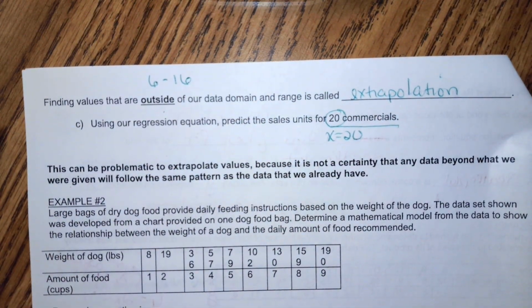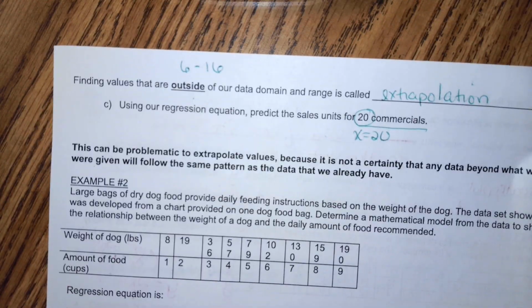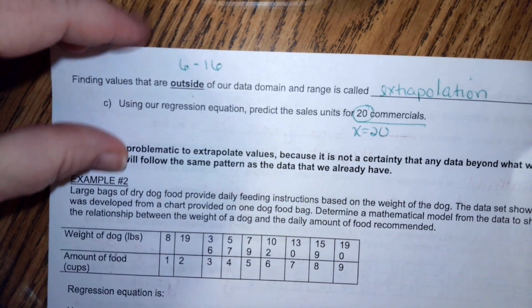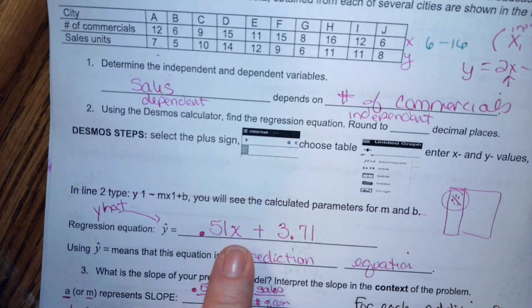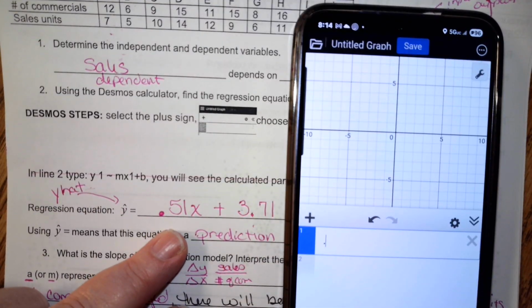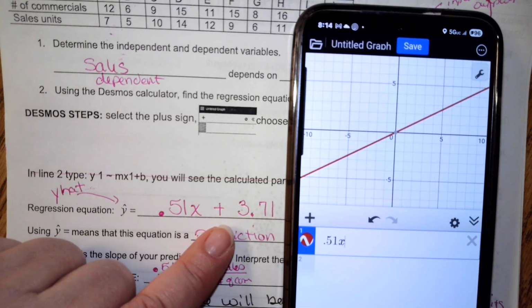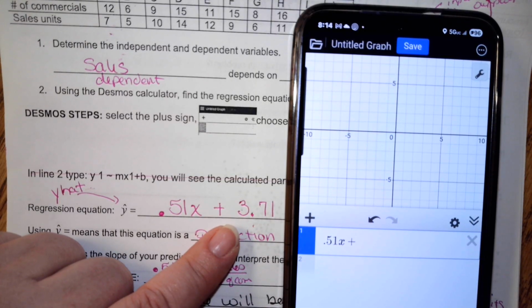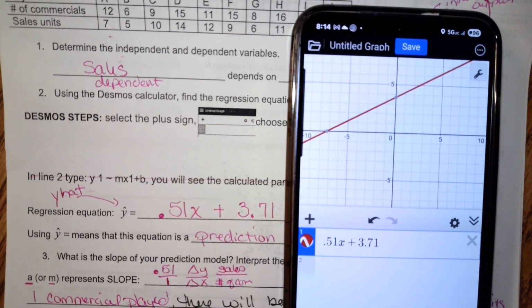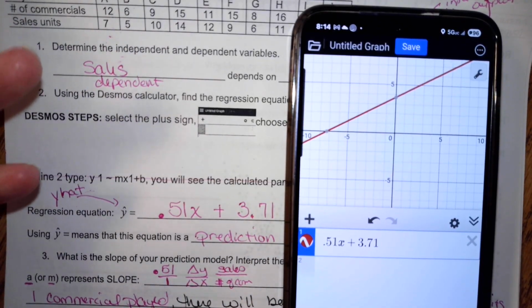So let's go back to Desmos, and we're going to use our equation from yesterday. I'm going to say 0.51x plus 3.71. Now, we can find x equals 20 two ways.